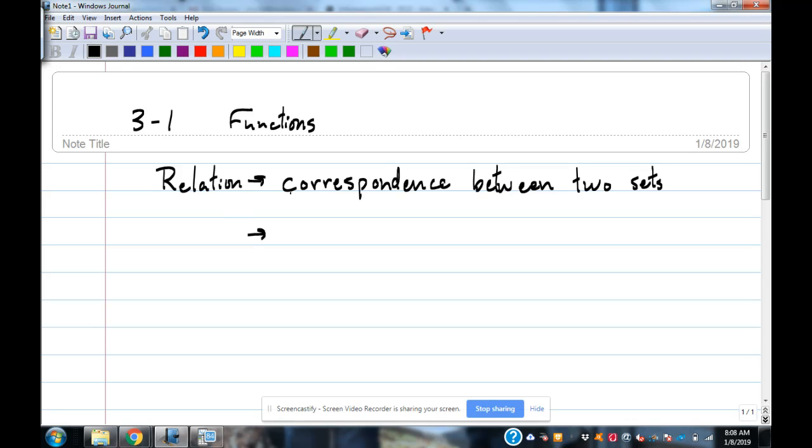Any relation is just any two sets, but in algebra, we relate those two sets to be the domain and range. Domain, normally X, range, normally Y. You might also see it in terms of input and output. All those things are ways of relating domain and range.